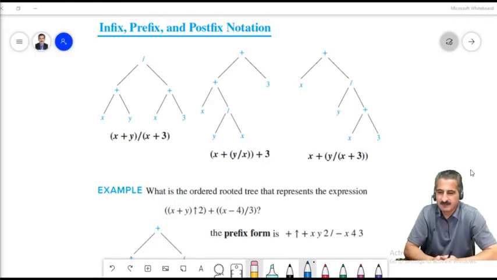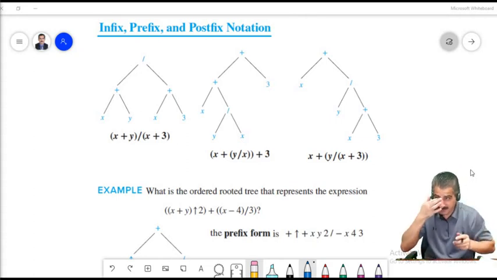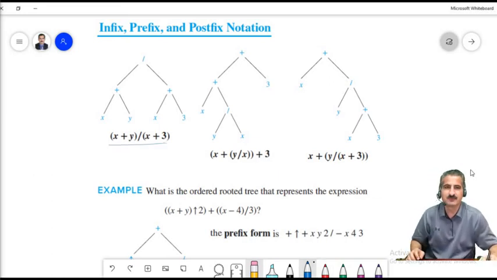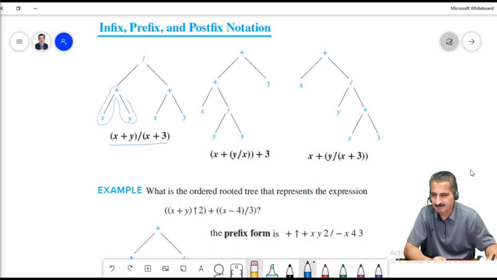Okay, so you can guess from these trees, what do we mean? We have transformed this expression into trees. So this will say at the beginning, we will add x and y. Once we do so, we will divide it by what?